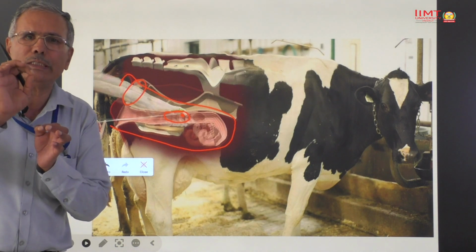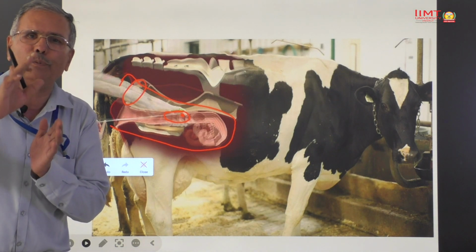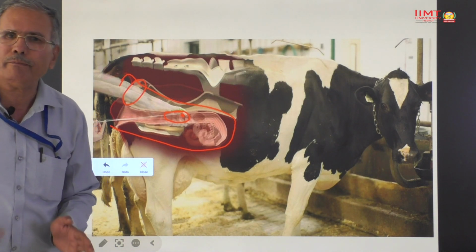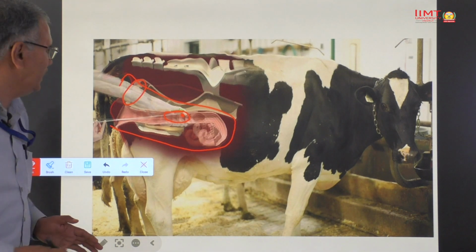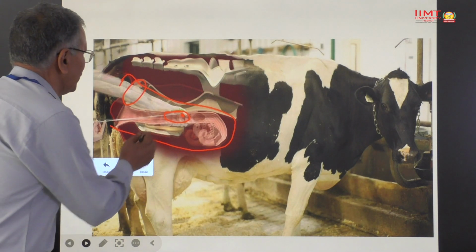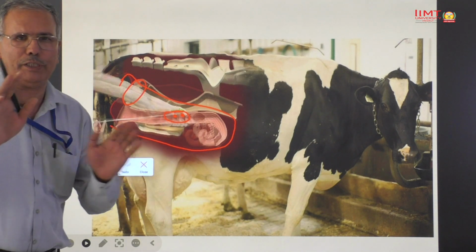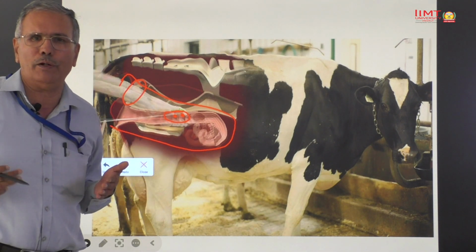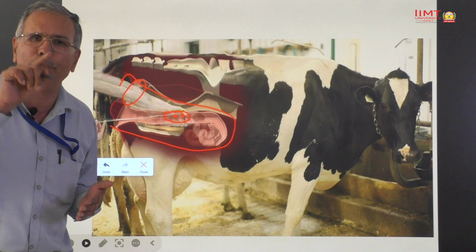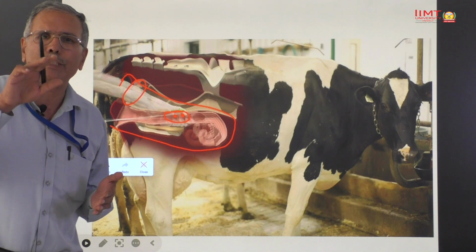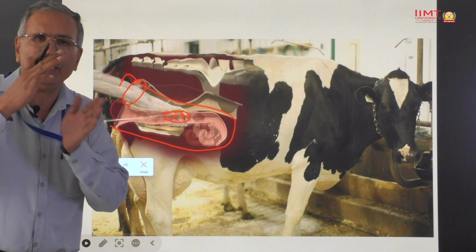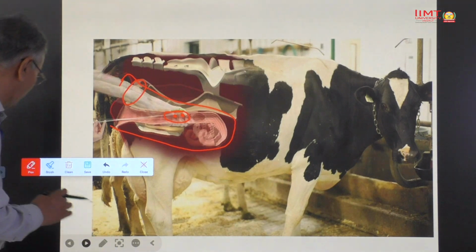So this is the proper place of deposition of semen. In case of natural breeding, the bull deposits the semen in the mouth of the cervix, in the first opening of the cervix. But in case of artificial insemination, semen has to be deposited in the mid part of the cervix.